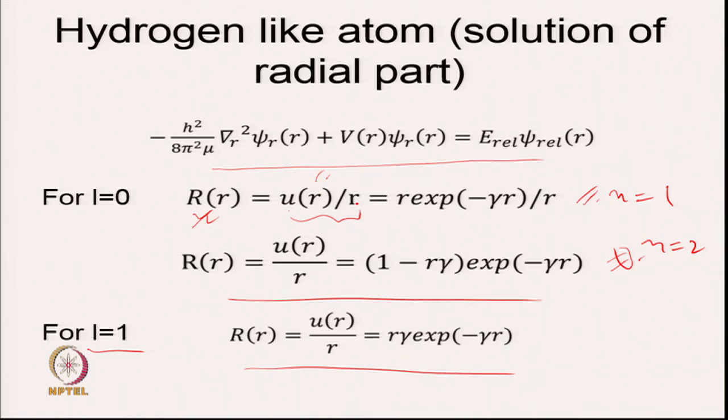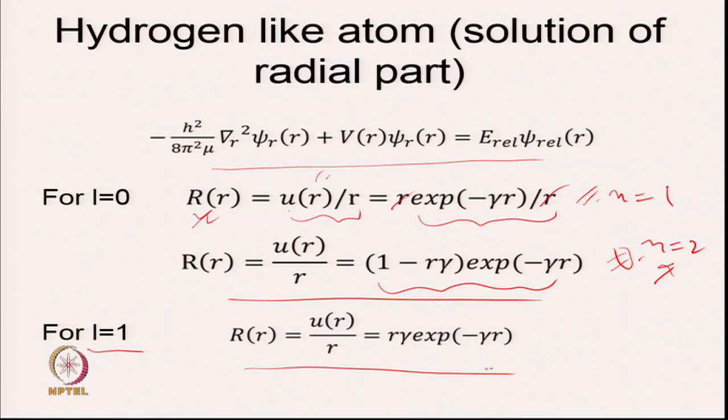So, the first solution will be simply exponential minus gamma r, where this r cancels out. The second solution is simply 1 minus r gamma, exponential minus gamma r, and this is the second solution for L is equal to 0, which corresponds to n is equal to 2.